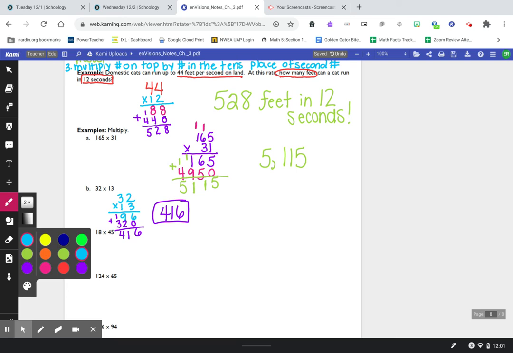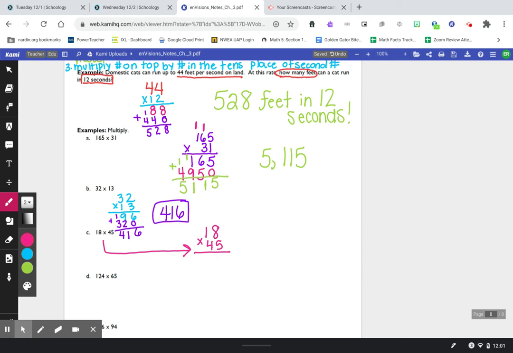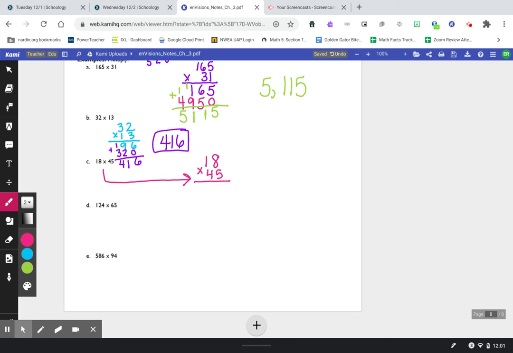All right. C wants you to do, I'm going to draw an arrow, 18 times 45. 5 times 8 is 40, so I put the 0 and I carry the 4. 5 times 1 is 5, plus 4 is 9.